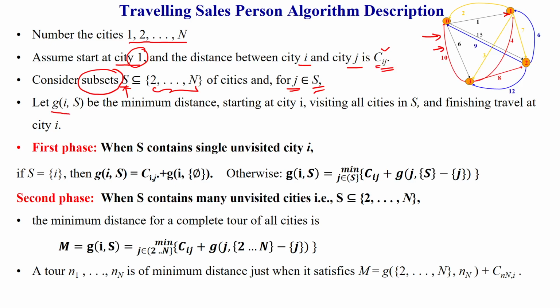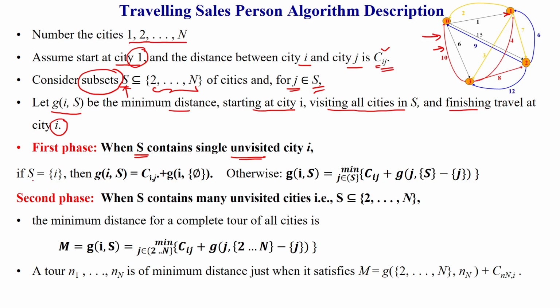Let g of i comma S be the minimum distance when you start from the city i, visit all other unvisited cities, and then finish his travel again at the starting city i. The first phase is calculated when the subset has only a single unvisited city.